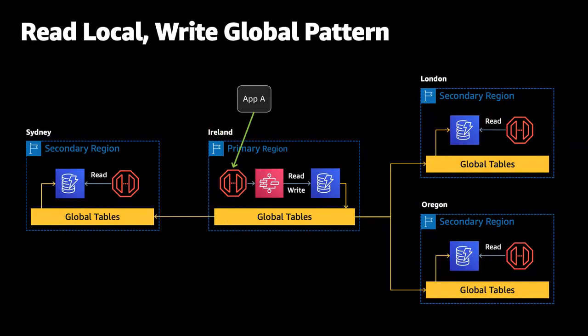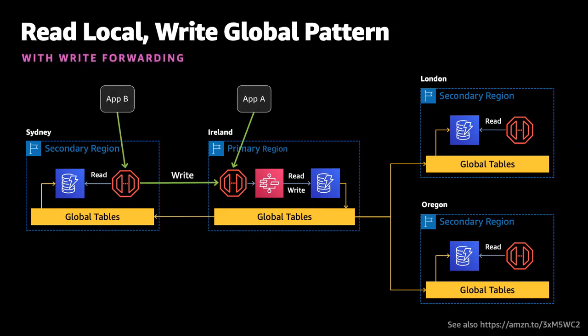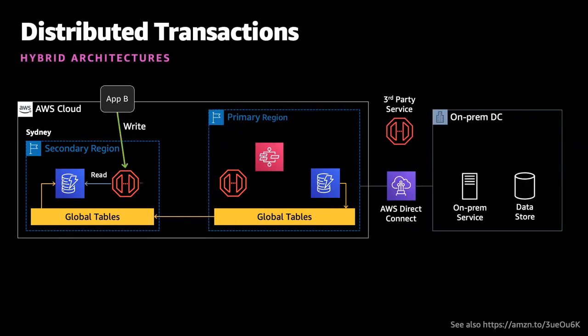That is similar to the read local, write global pattern from Aurora Global Database, and it's a recommended strategy for multi-region deployment. Likewise, you can have write forwarding, with write requests being forwarded from secondary regions to a write API endpoint on the primary region.